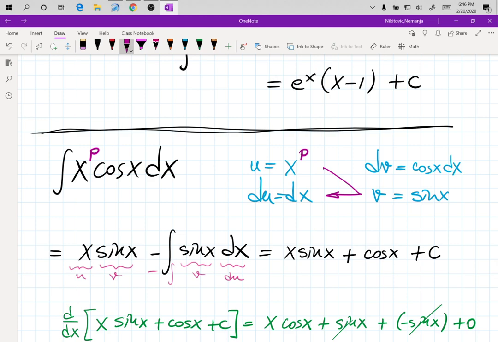Would that be the same if it were cosine squared x? No, completely different story. Because cosine x is right here, it's not affected by differentiation. If the problem was x cosine squared x dx, no, it's going to be a completely different situation. So it's just on x.